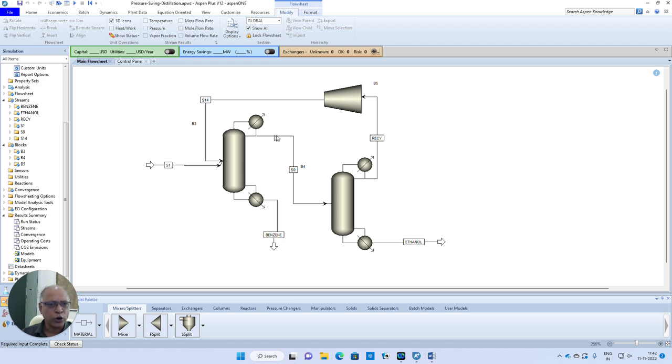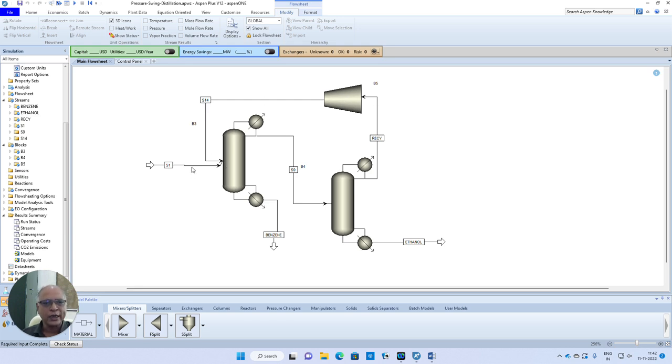The top product from the first column is sent as feed to the second column, and the bottom product from the second column is ethanol. The top product from the second column is sent as recycle to the first column because the second column is going to operate at 1 bar, whereas the first column is operating at 3 bar. So I will be compressing it to 3 bar before recirculation.